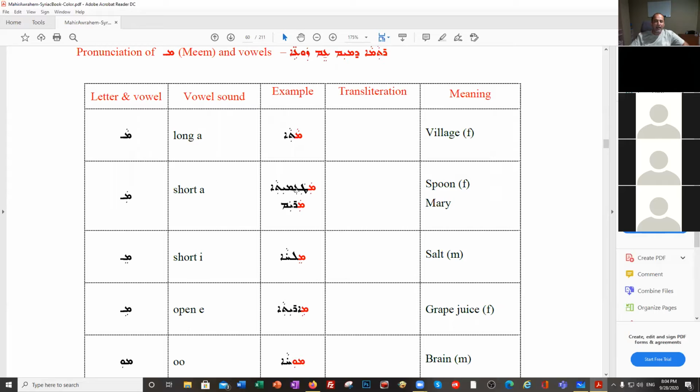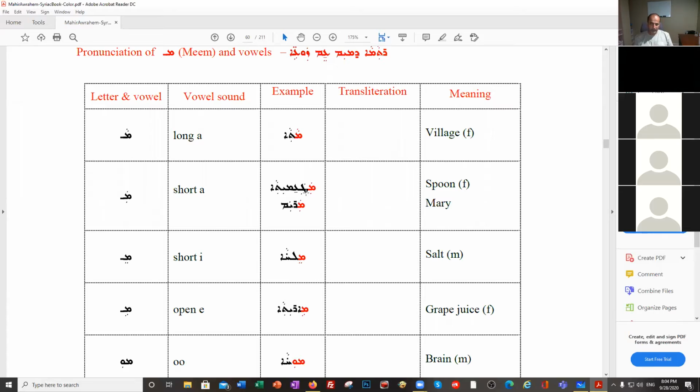And alap is going to have the same rules of alap. If no vowel, it is silent. And if it has a vowel, it's going to take the sound of that vowel. But when I put this one, it has no vowel, so here it's going to be matamitha. But in a classic word it is mata'amitha.